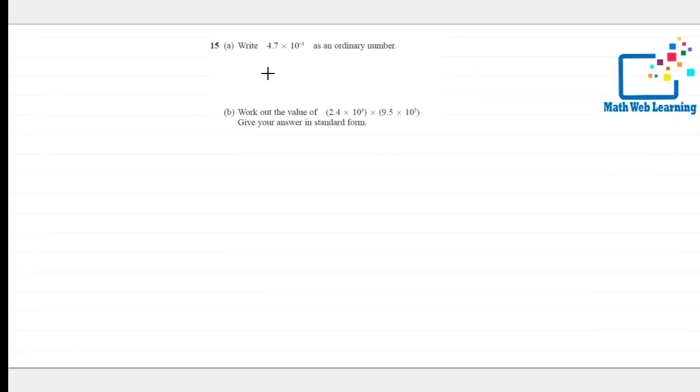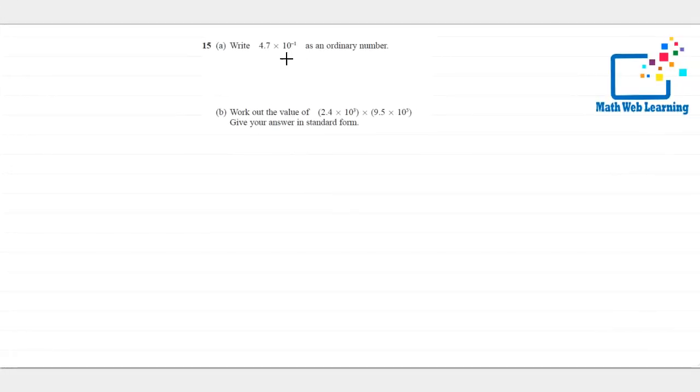Question 15a, 4.7 times 10 to the power minus 1. We need to change it to an ordinary number. So you do 4.7 divided by 10, because 10 to the power minus 1 is same as 1 over 10, which means you divide by 10. So basically the answer is 0.47.